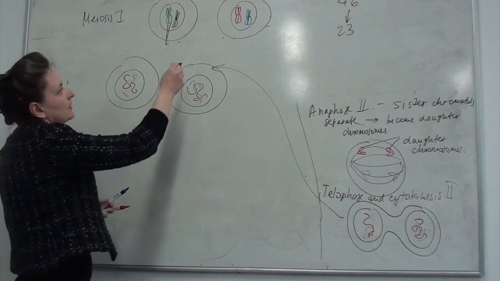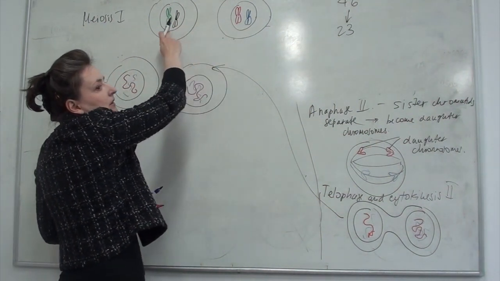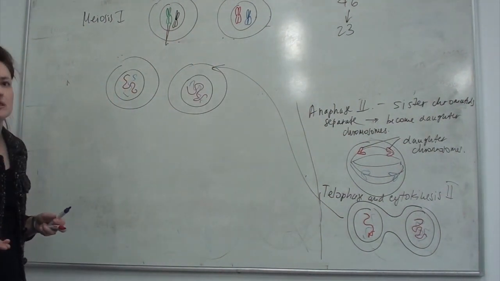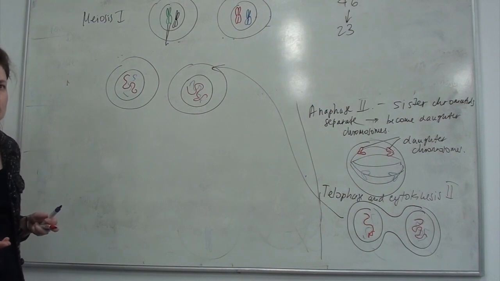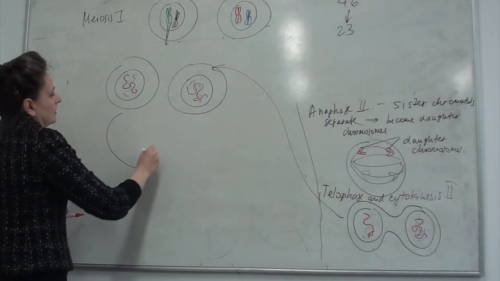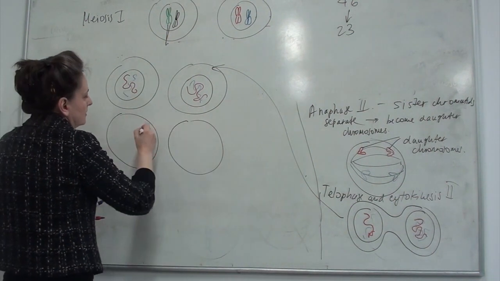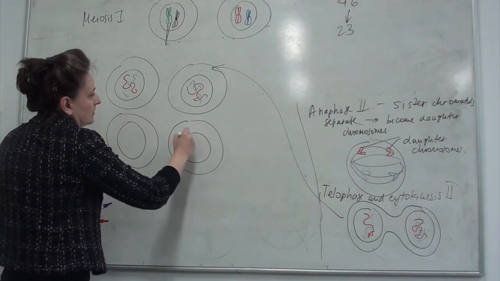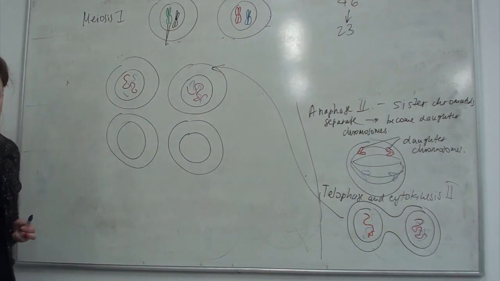But you remember that as well as that cell, the other cell was also undergoing meiosis 2, even though I didn't draw every stage of that process. But by the end of meiosis 2, with that cell you'll have a very similar picture.